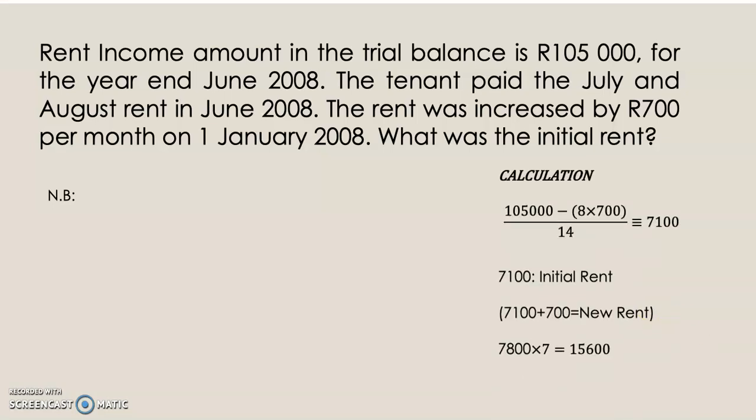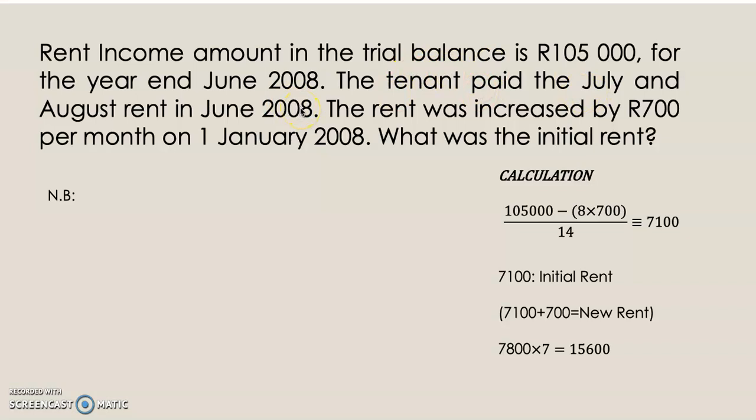So this is what I do. I say the total rent income amount, and then I say, hey, for how many months did I pay the increase? I paid it from January till August. Don't forget that the tenant paid for 14 months. The tenant paid 2 extra months.